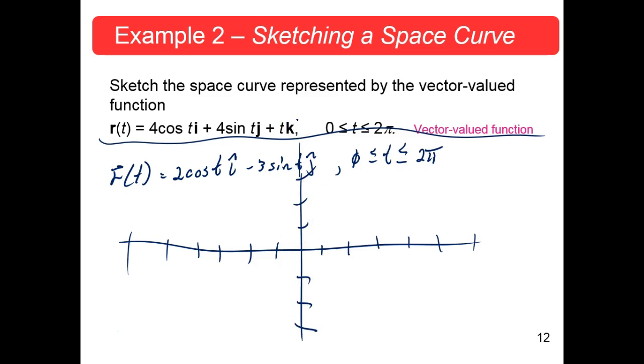Hopefully that'll cover most of what we need. Now, this is the xy plane, so don't get confused. This is the x axis, this is the y axis. You don't have a t-axis on here, okay?